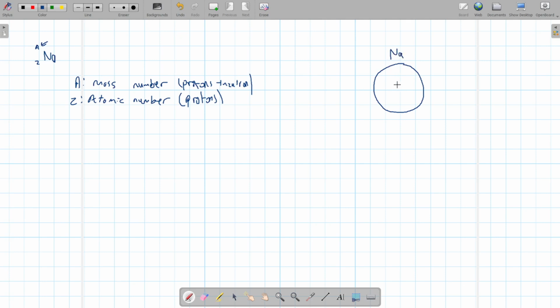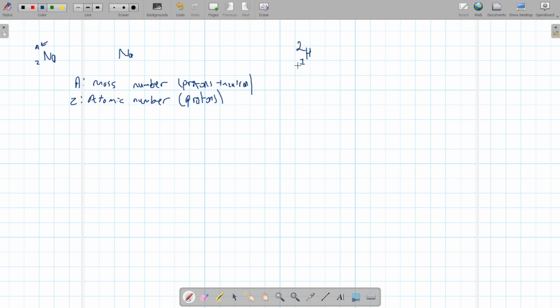In every atom there's a nucleus inside. Actually, I'll use hydrogen because hydrogen is easier. Hydrogen has an atomic number of 1 and a mass number of also 1. Or no, I'll use hydrogen's second isotope, where sometimes it's 2 for hydrogen.